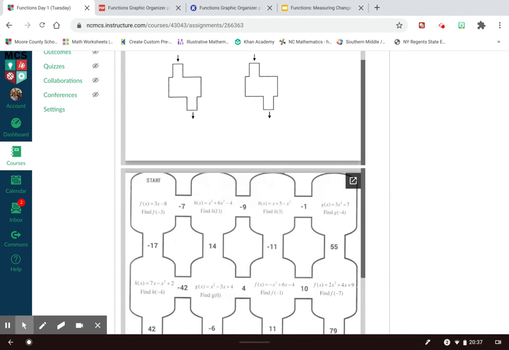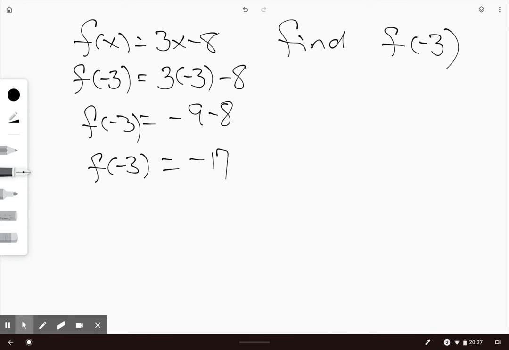So then now you'd move on to the next problem, which is h of x equals 7x minus x squared plus 2. Find the h of negative 4. So let me get up a new drawing here. So I have here h of x equals 7x minus x squared plus 2.